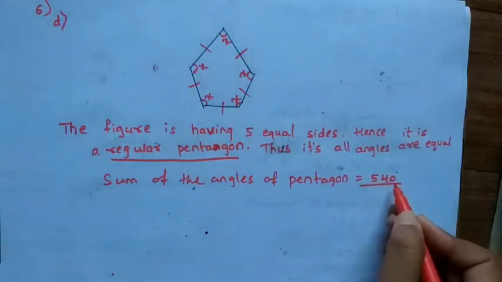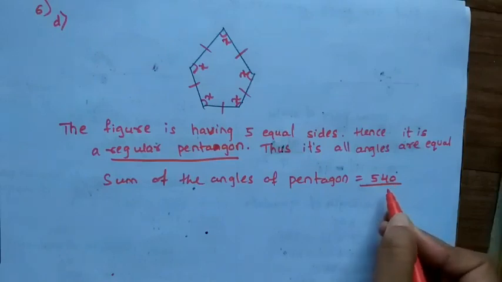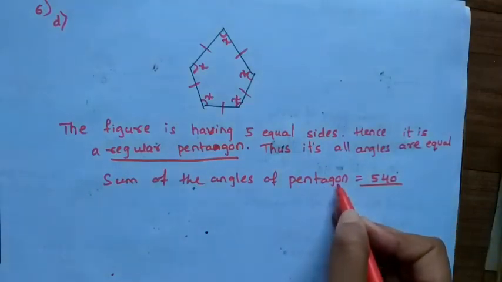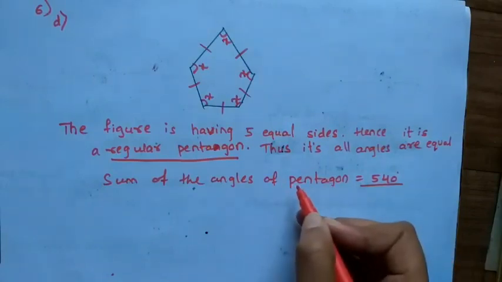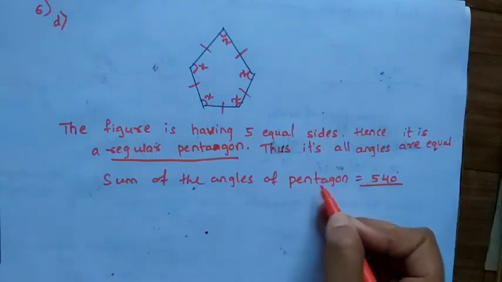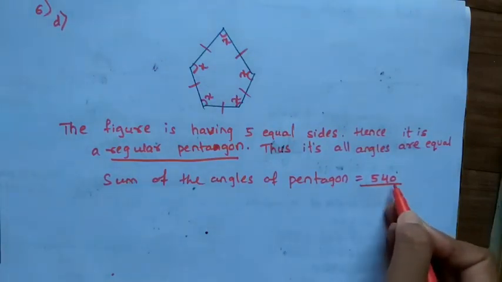So according to that formula, the polygon formula, we have to apply it to all examples of polygons. So a pentagon is a classification of polygons. So that's why I am applying the formula n minus 2 into 180 degrees. The sum of the angles of a pentagon is how much? 540 degrees.